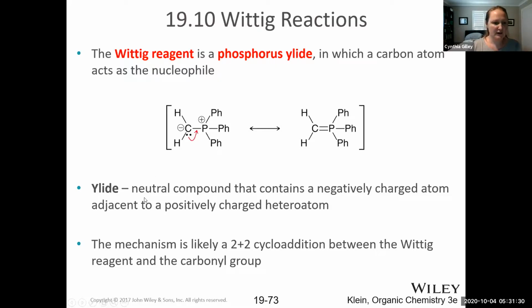The definition of an ylide is a neutral compound that contains a negatively charged atom adjacent to a positively charged heteroatom, which is a little different from a zwitterion, which can be any atoms. In this case, we need a heteroatom that's positively charged next to a carbon that's negatively charged.